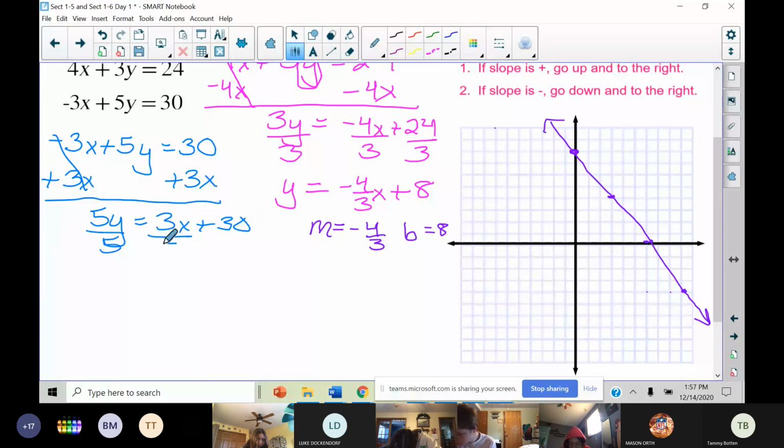Divide by 5 on all of these, and I would get y equals 3/5 x plus 30 over 5 reduces down to 6. Okay, so now I can go and graph that. So I'm going to go up to 6 and put my dot, and now this one is 3/5. So you go up 3 and then 5 to the right, which is the same as going down 3 and 5 to the left.